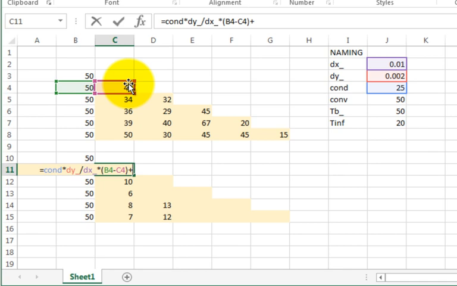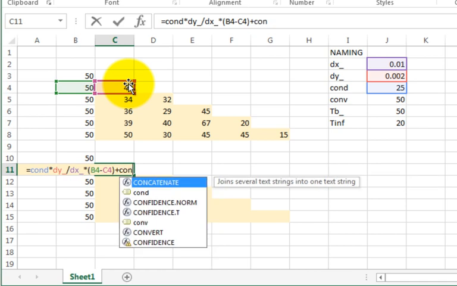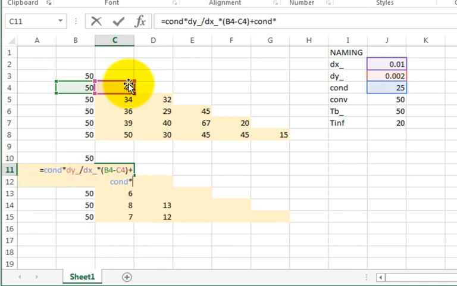Oh yeah, I'll get to the convection. All right, so then we have COND times dx divided by dy times, coming from the one below, minus that, that's the delta T for the second conduction in from the bottom.